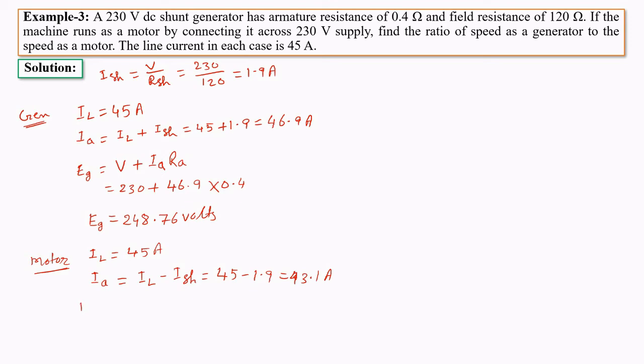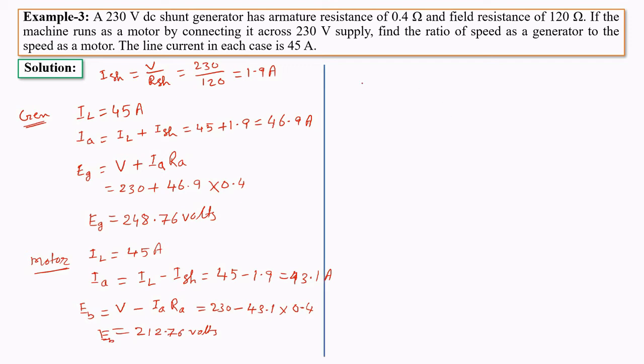Therefore, the back EMF can be calculated as supply voltage minus voltage drop in the armature winding. So the supply voltage is 230, armature current is 43.1, and the armature winding resistance is 0.4. So the value of back EMF we will get as 212.76 volt. So this is the back EMF when the machine is working as a motor.